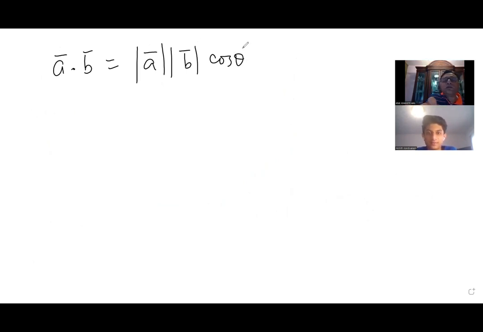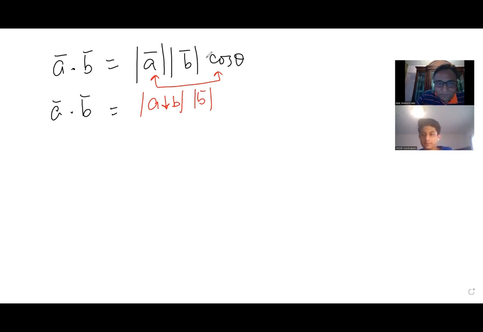We also learn that this dot product could be written as, because we combine these two terms, A cos theta. And we wrote this as scalar projection of A on B. We technically write like this: projection of A on B times the magnitude of B.